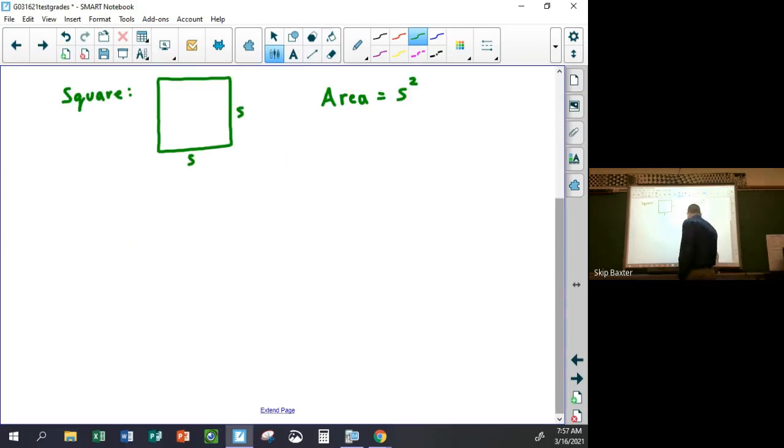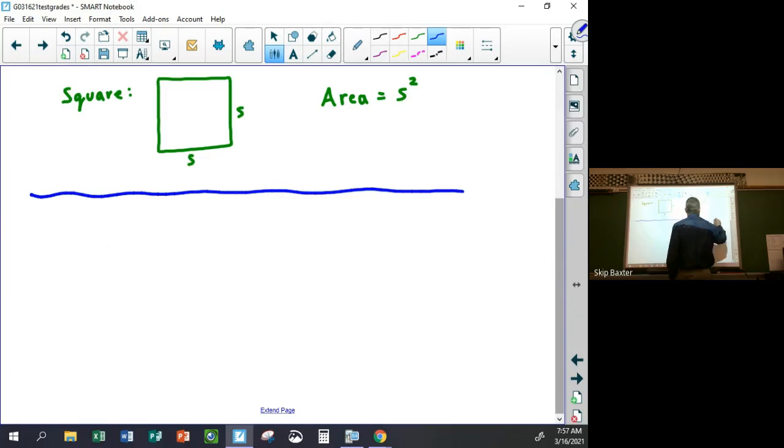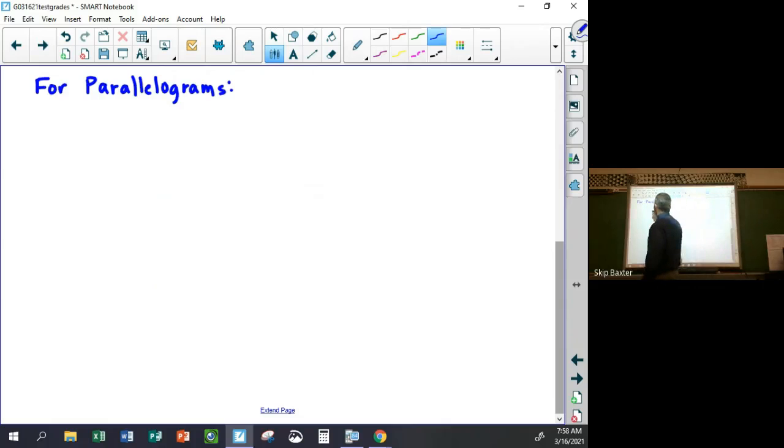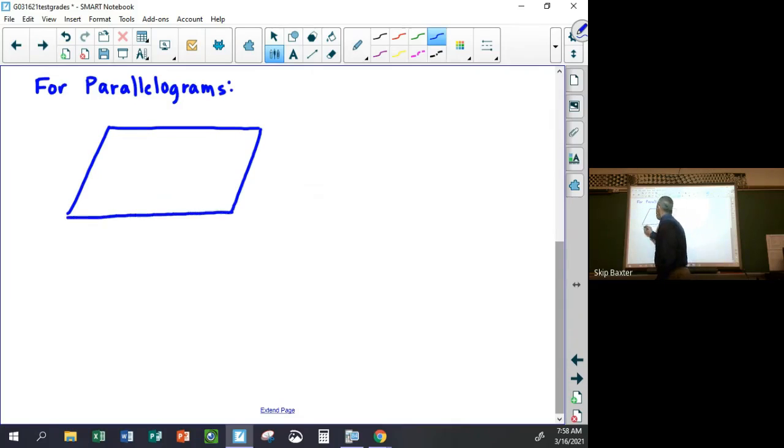So let's talk about parallelograms first. A parallelogram has two pairs of parallel sides. The formula is area equals base times height as well.